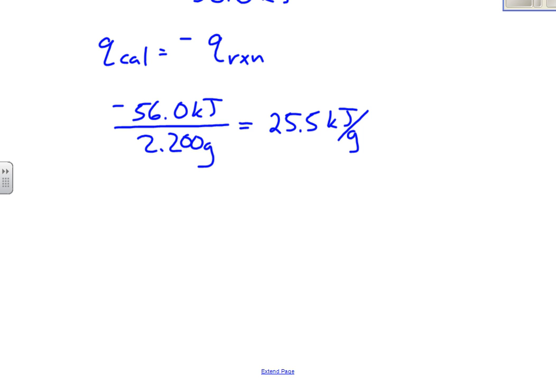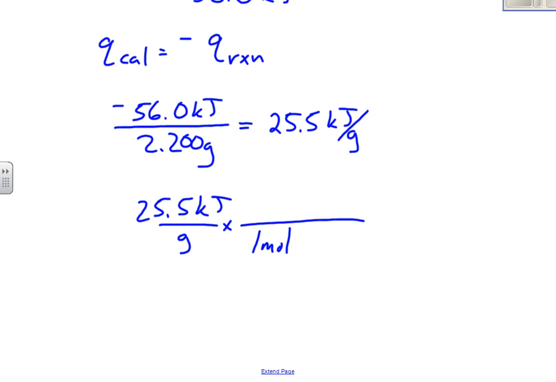And if we wanted to convert that to moles, we have 25.5 kilojoules per gram times 1 mole of the quinine. The quinine, which is C5H4O2, is 96 grams.